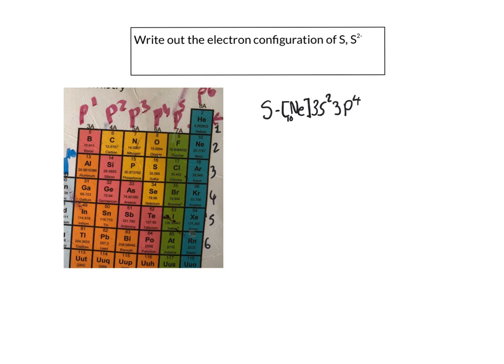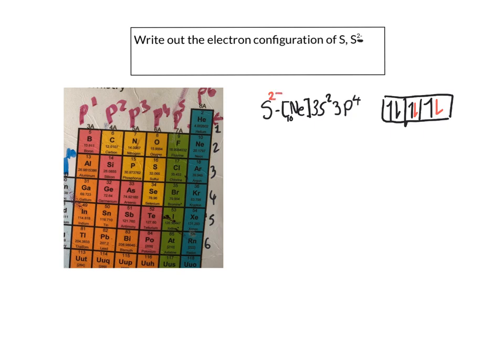Now the sulfide ion means it's gained 2 electrons, so if we look at the 3p subshell, the 4 electrons have filled up singly before doubling up. So it's highly likely that the incoming 2 electrons are going to fill these 2 partially vacant orbitals here to become S2-.